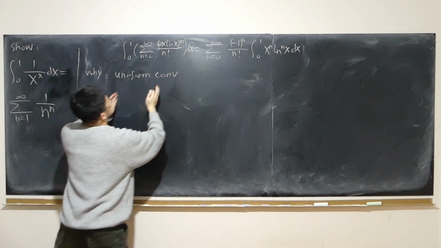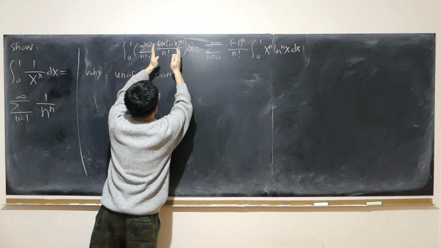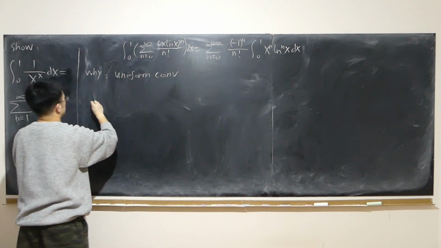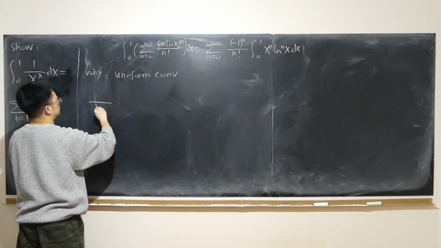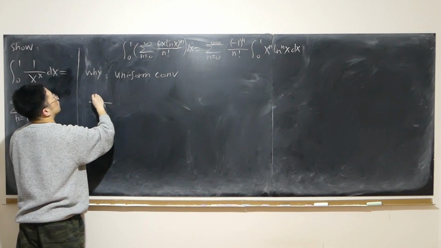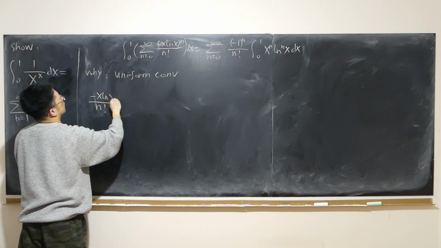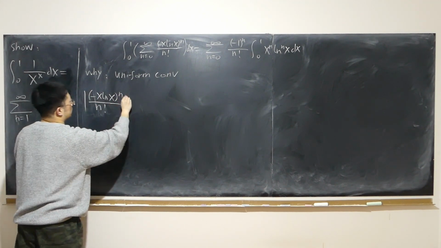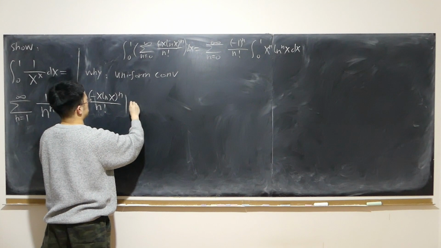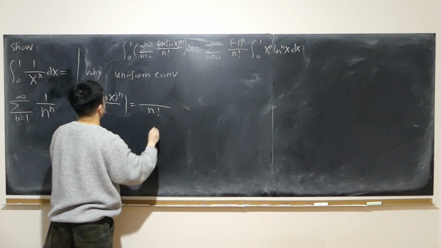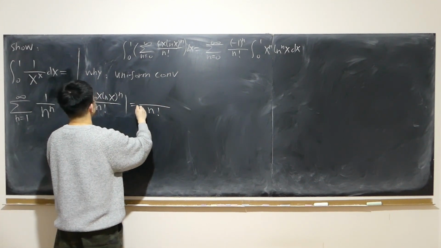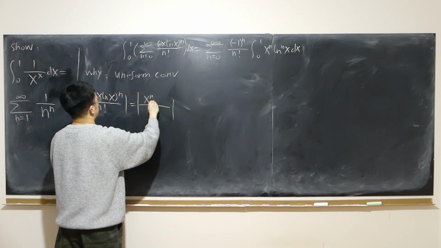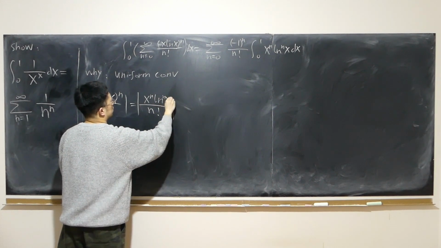First of all, I'm going to take the general term of this functional series and look at the absolute value of n factorial times negative x log x to the power of n, which is n factorial times the absolute value of x to the power of n times log to the power of n of x.